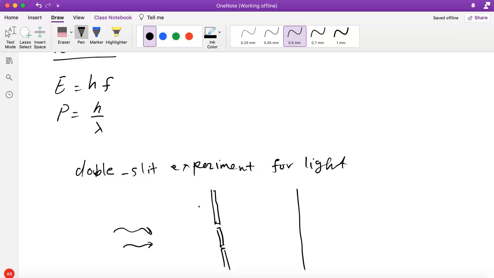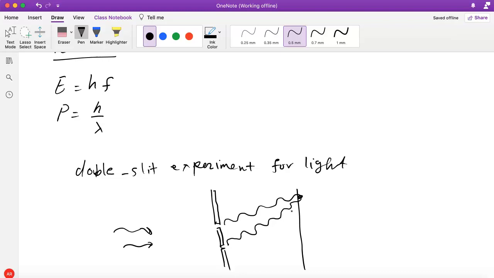Treating light as electromagnetic waves, in different places on the screen there's a wave that starts from this hole and reaches that point. Then there's a wave with the same frequency and wavelength that starts from the other hole and reaches any point on the screen, but they travel different lengths, so they have different phases when they reach the screen.